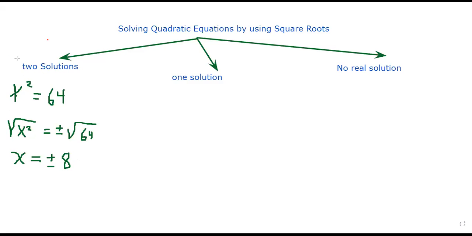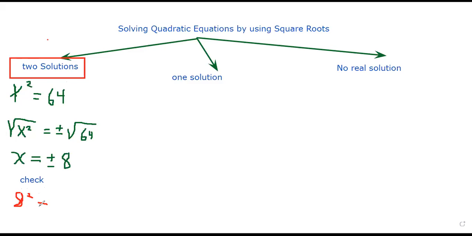If you want to check your answer, then you will substitute the value of x. Then you come back and say 8 to the power of 2, and you have to write it between parentheses. If you want to make a check to your answer, you are going to write 8 to the power of 2.